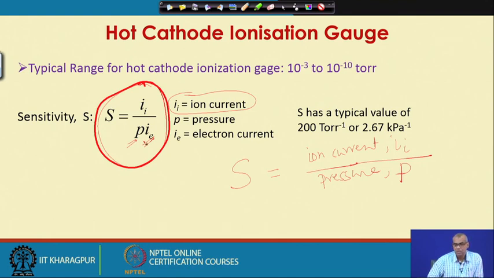This is because different ionization gauges can use different electron currents to emit electrons, which means different numbers of electrons are emitted. So, there will be different numbers of collisions between electrons and the gas molecules, and so different ion currents.